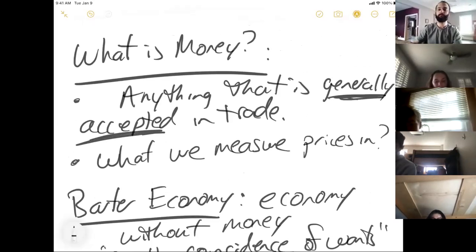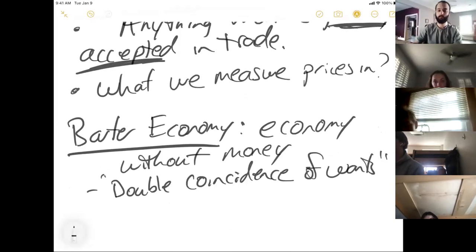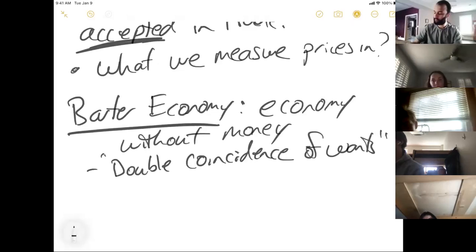So the fact that Iran and Venezuela have kind of worked out some deals with certain people to get goods and services for oil, I'm not convinced that that makes oil money because it's not generally accepted.